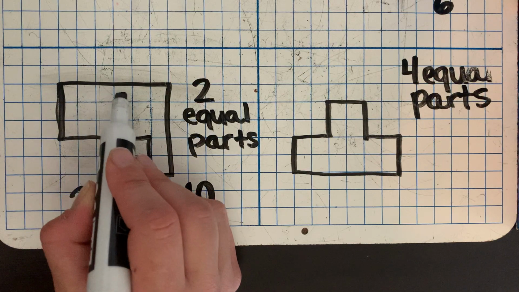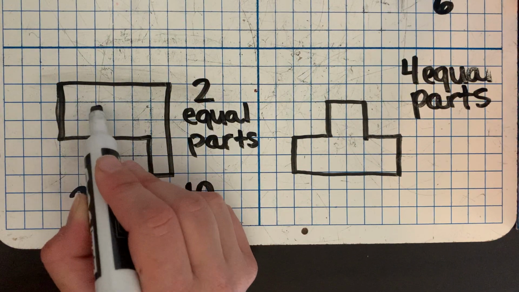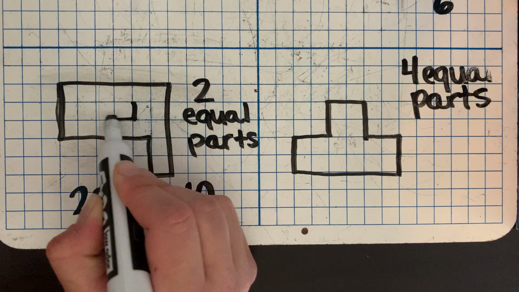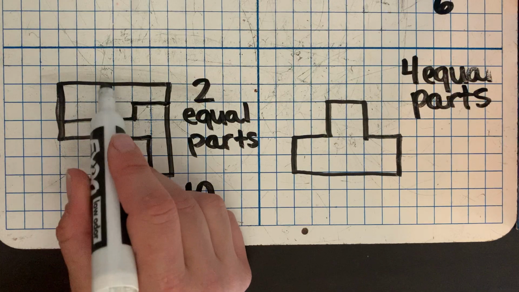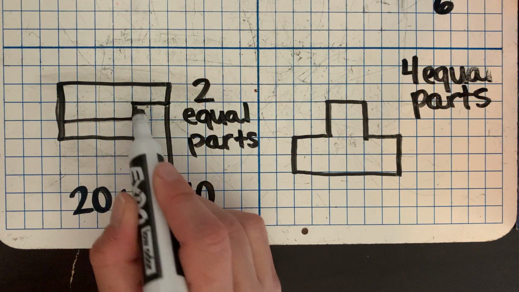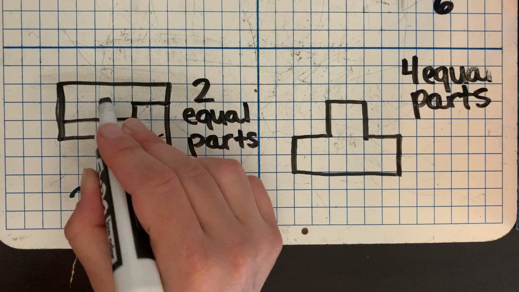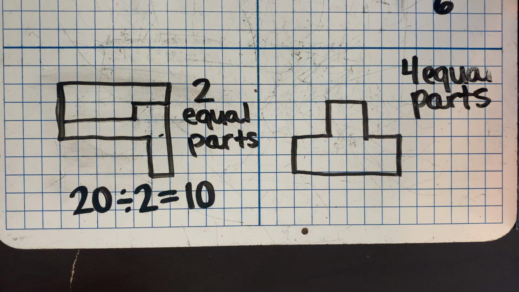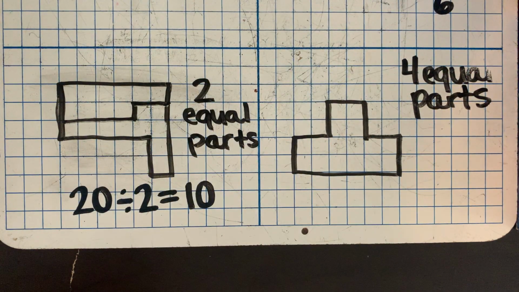1, 2, 3, 4, 5, 6, 7, 8, 9, 10. I could do it like this, right? So I have 2, 4, 6, 8, 10. 2, 4, 6, 8, 10. And what would we call each piece? They're not 1/10. Their area is 10 boxes.